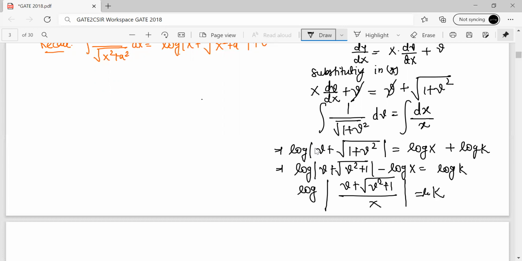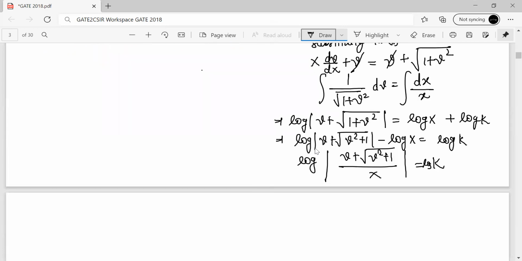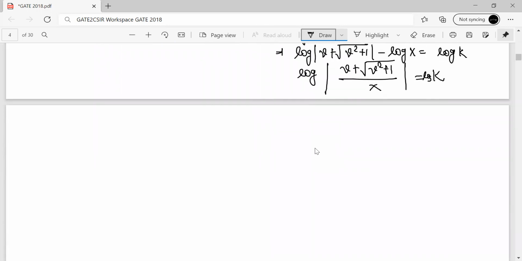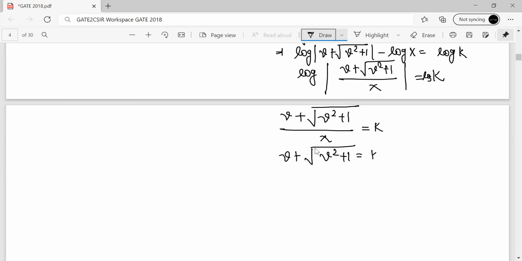Sorry, log k. Then, taking exponentials, the logs cancel. That gives me k. So I got v plus under root v square plus 1 equal to kx.